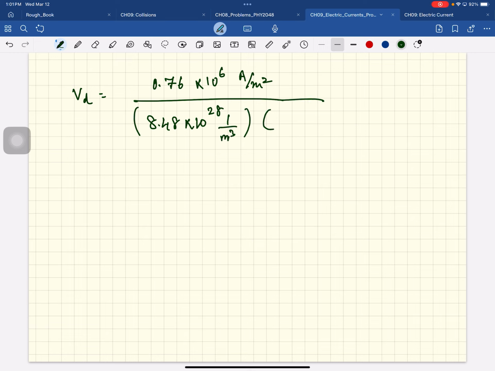And anybody remember the charge of the electron? Okay, 1.6 times 10 to the minus 19 coulomb.